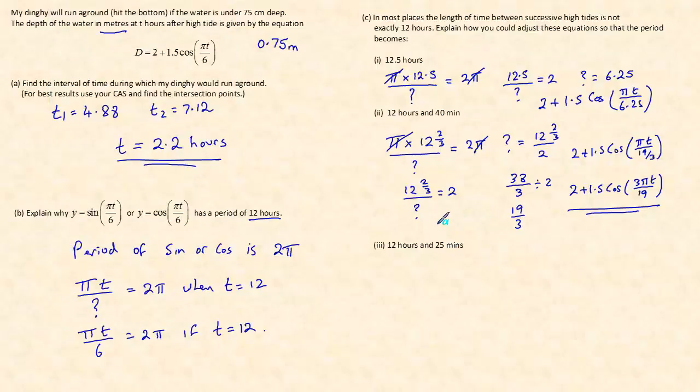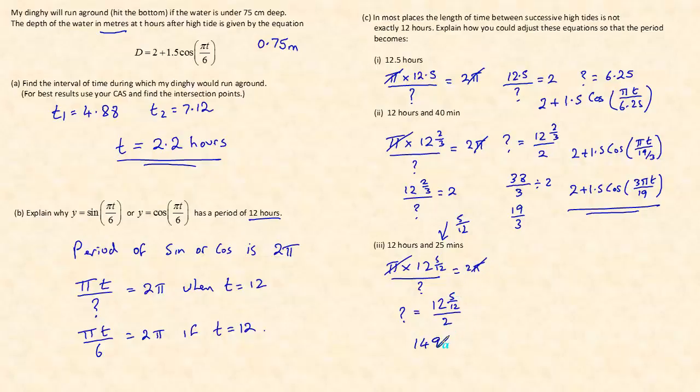Now, of course, the process is going to be very similar for this last one. So 25 minutes is actually 5/12 of an hour. So we need pi times 12 and 5/12 over our question mark to be equal to 2 pi. Pi's cancel. And rearranging, we can see the question mark needs to be 12 and 5/12 divided by 2. So 12 times 12 is 144. Add 5 is 149.